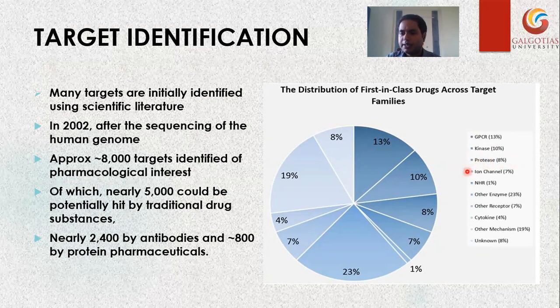Ion channels 7%, NHR 1%, other enzymes 23%, other receptors 7%, cytokines 4%, and other mechanisms 19%. There are also unknown targets, about 8%.